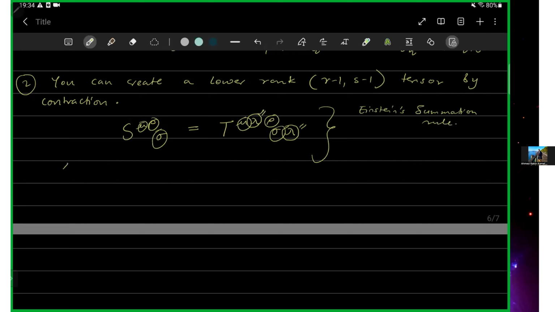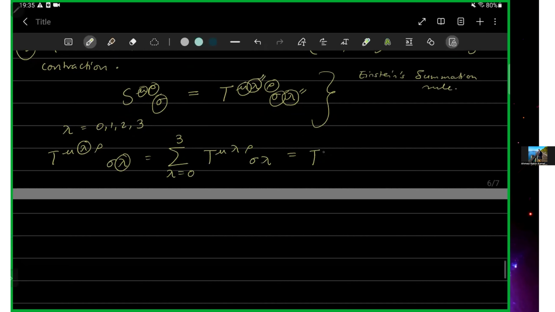So let's say I have lambda running from 0, 1, 2, 3. If I write T mu lambda rho sigma lambda over here, where I clearly see that the indices are repeated upstairs and downstairs, that means there is a hidden summation, where I can write a summation as such, where lambda goes from 0 to 3, in the following way, which would basically give you what?